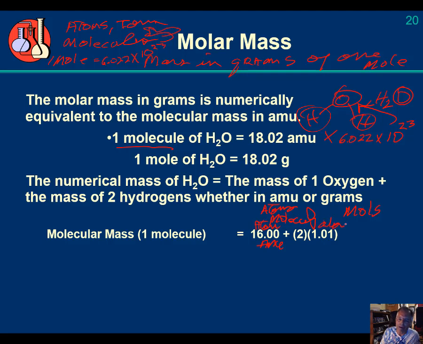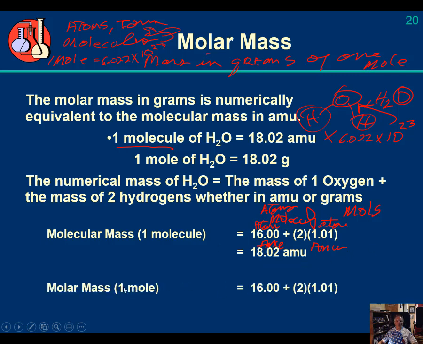This is an atom of hydrogen. We have 2 of them, so that's going to be AMU as well. All right, 18.02 AMU is what that adds up to. But if we're talking about 1 mole, we're talking about 16 grams of oxygen.